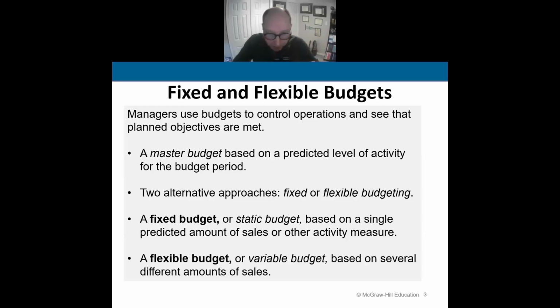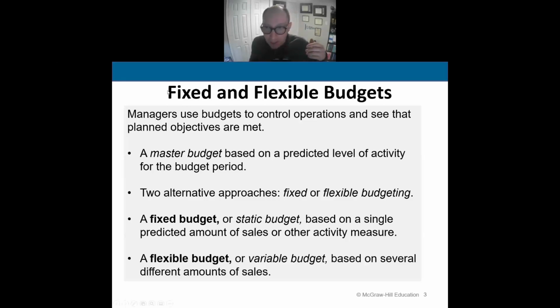The stove has the knobs, and you can adjust the temperature, the heat that's coming out of the stove. And so a budget kind of works the same. A flexible budget works the same way. You can adjust the percentages of the budget line items based off of the changes in sales, right? And so that's the concept behind a flexible budget.